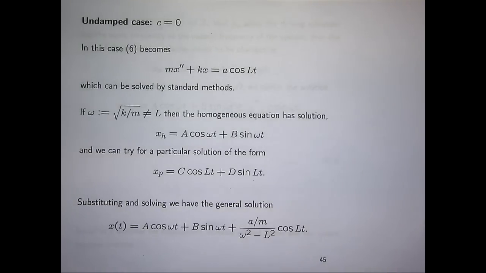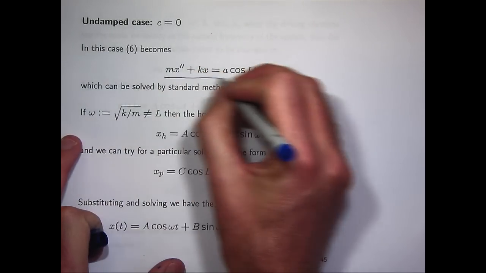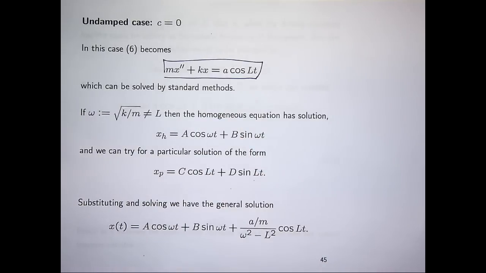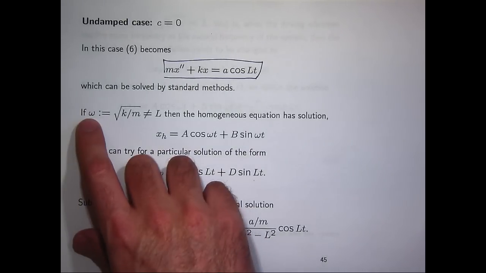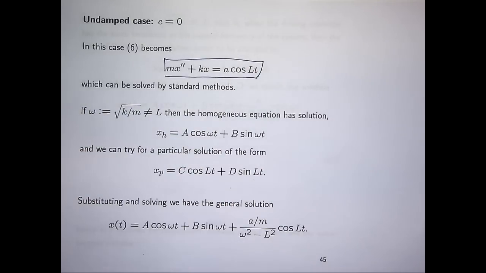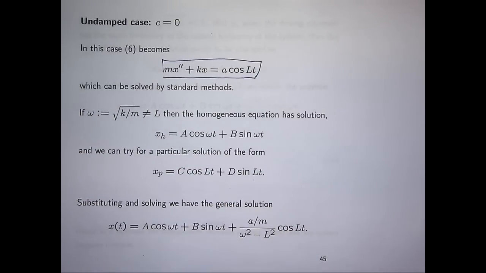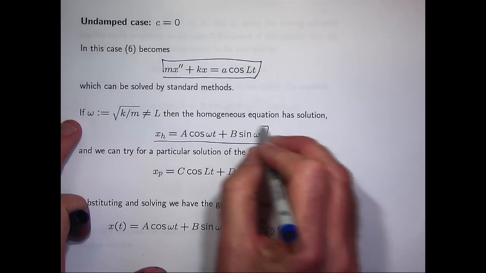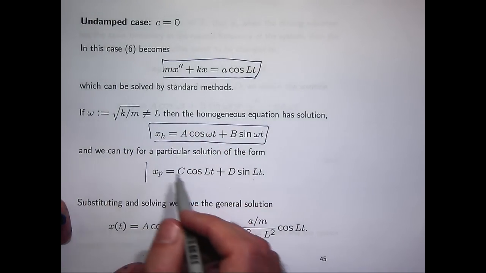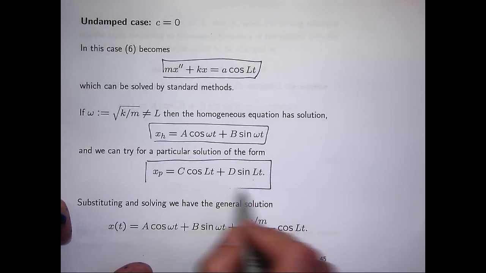All right, the undamped case. So suppose I've got this external forcing function and I've got no damping. Well, this can be solved by standard methods. If we introduce this notation omega, just being this square root, and omega is not equal to this L, then this is our homogeneous solution, and we can try, using the method of undetermined coefficients, a particular solution of this form.